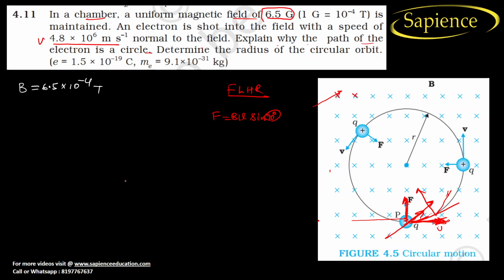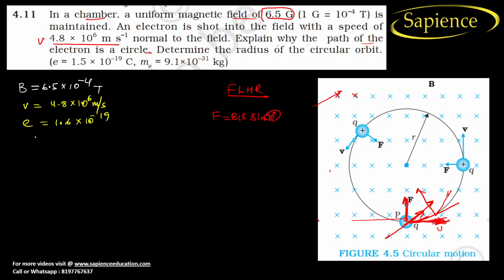Now we need to use what they have provided and find the radius, right? So v, the speed of the electron, that is velocity, they have provided you 4.8 into 10 to the power 6 meter per second, right? And the electron charge, since it is only an electron, we can write the electron is having charge that is equal to 10 to the power minus 19.